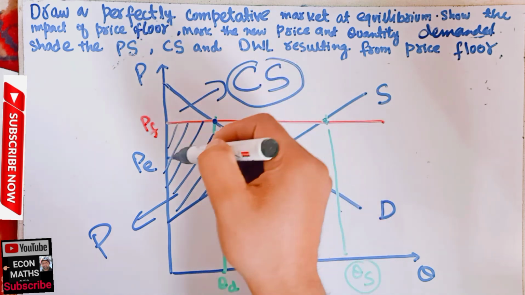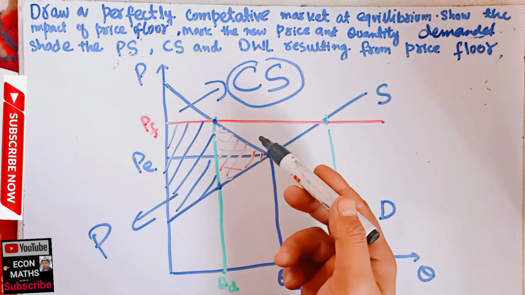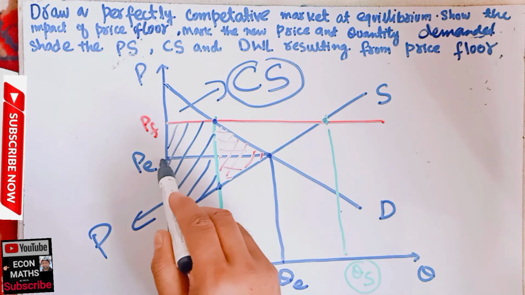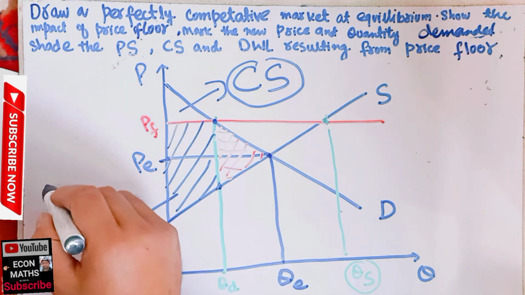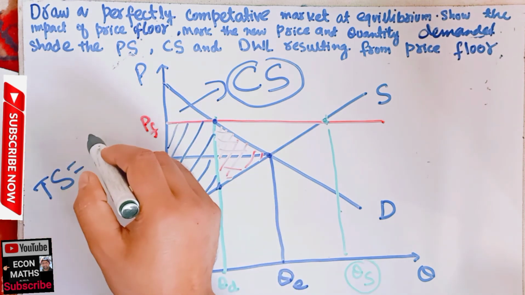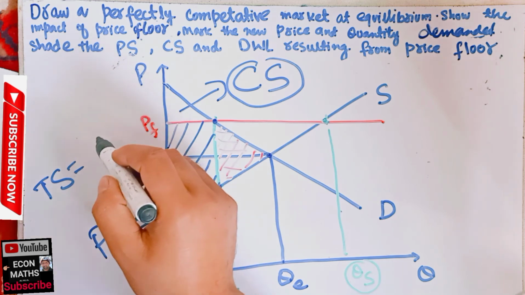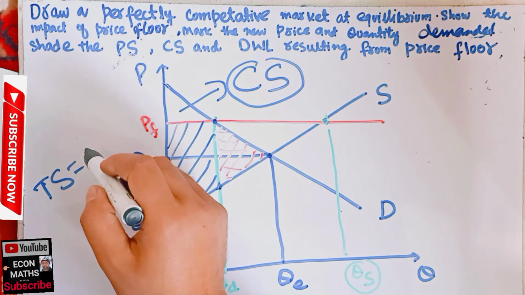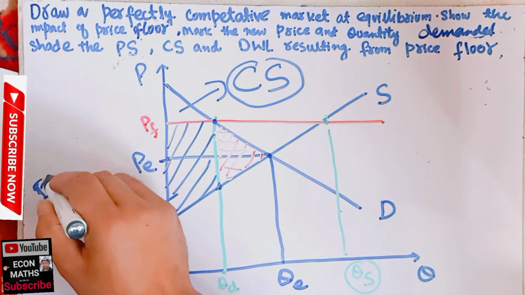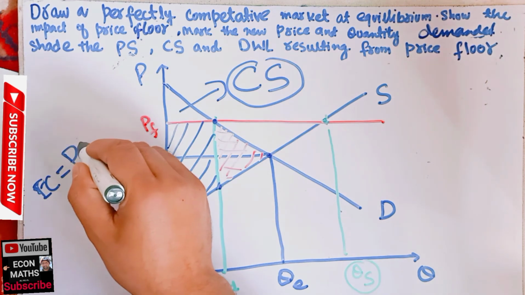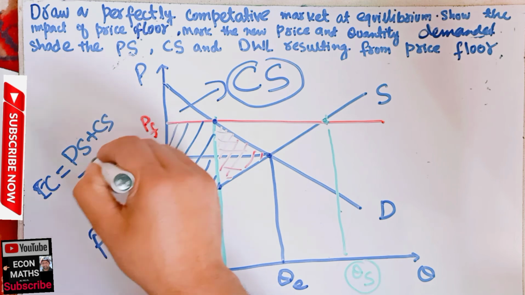Here we can see the consumer surplus is less. First it was up to this point, now it is this small triangle. So we can say that our total surplus, or economic surplus, is equal to producer surplus plus consumer surplus.